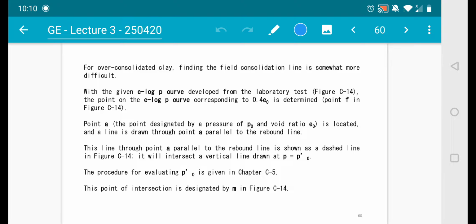For over consolidated clay, we have another figure. Finding the field consolidation line is somewhat more difficult. So you have to read all of this, and I'd just like to summarize it. This point of intersection is designated by M in figure C14.